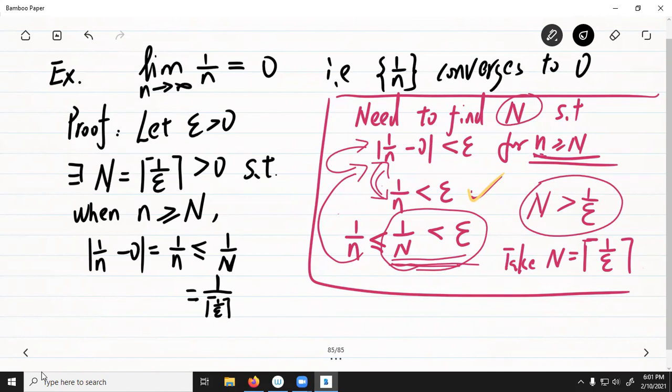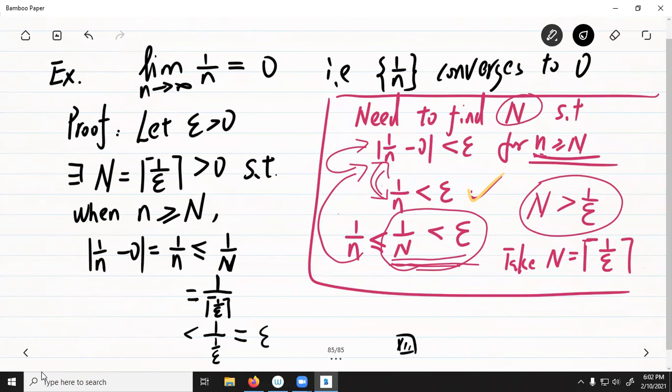So this is less than, because we can shrink the denominator to be 1 over epsilon. This number is greater than this number, so the fraction would be smaller, which is epsilon. Okay, we're done. Sorry, there is no equal sign here. Okay, so this is the end of the proof.